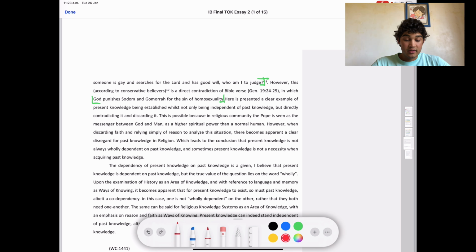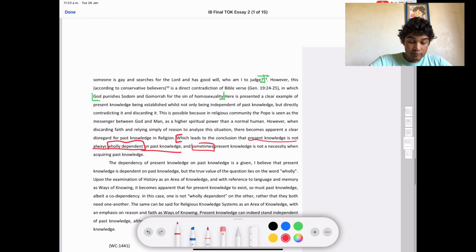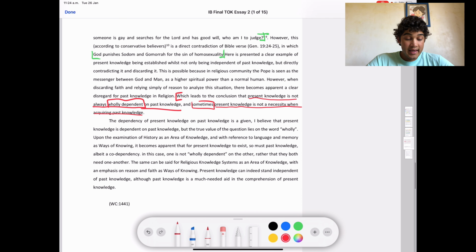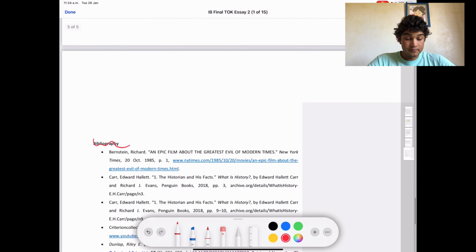And I reach the conclusion that present knowledge is not always wholly dependent on past knowledge. Here I'm using the terms from the prompt again to make it really clear that I'm actually addressing the question. And I go further to say that sometimes present knowledge is not a necessity when acquiring past knowledge, like a discovery or something. But basically, that's the end of my two areas of knowledge.